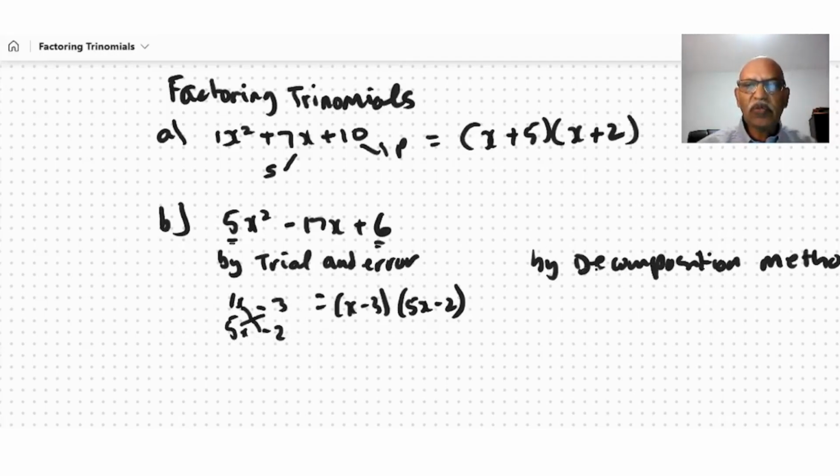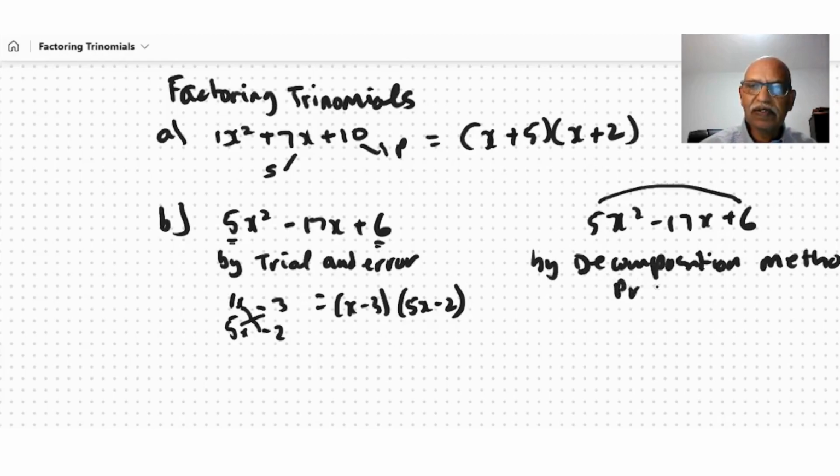We have another way which is called decomposition. So in decomposition, 5x squared minus 17x plus 6. I say 5 times 6 is the product, which is 30, and the sum is negative 17.